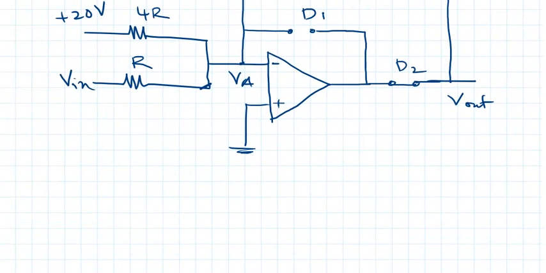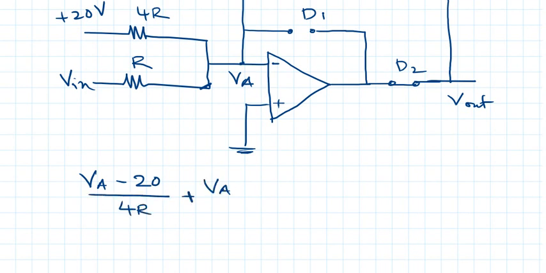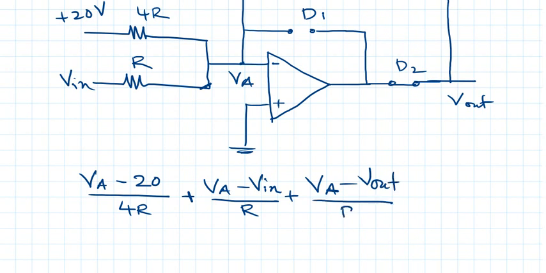So V out is nothing but, we can apply Kirchhoff's current law, that will be easier for you. Then (VA minus 20) divided by 4R plus (VA minus V in) divided by R plus (VA minus V out) divided by R is equal to 0, and put VA is equal to 0, that is the virtual ground concept.